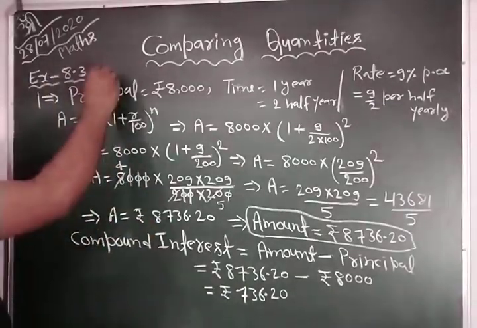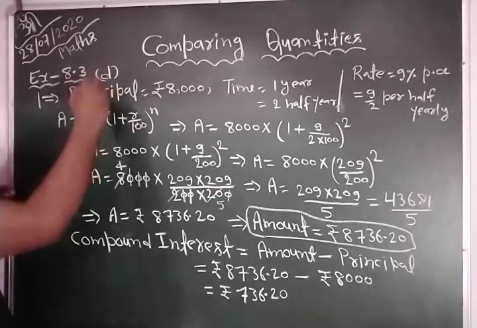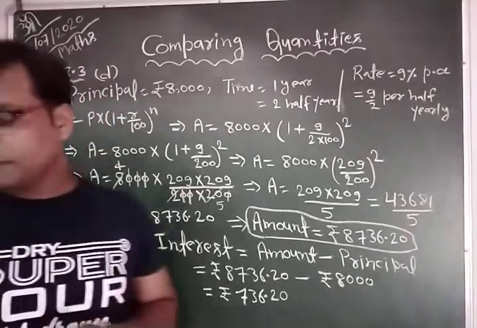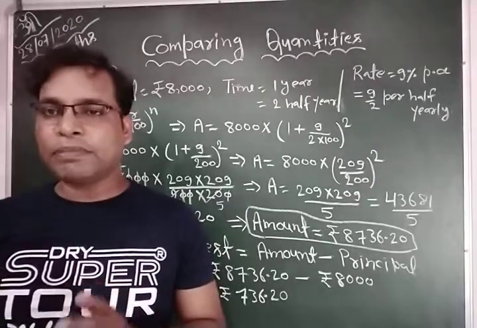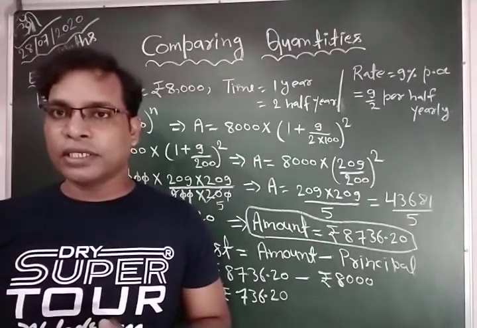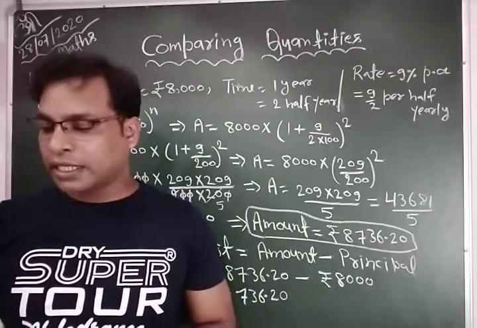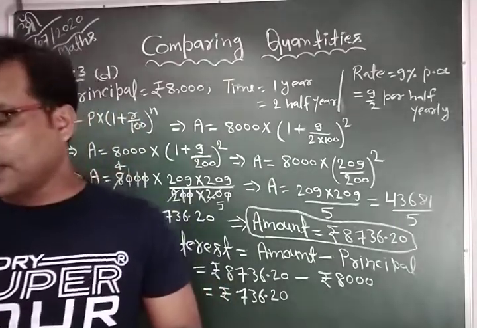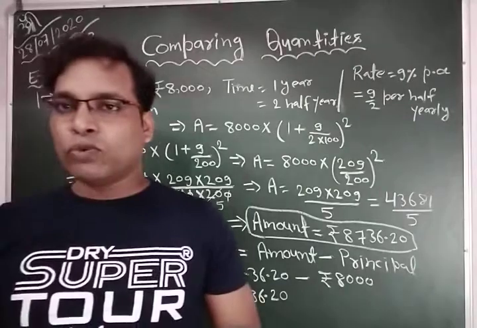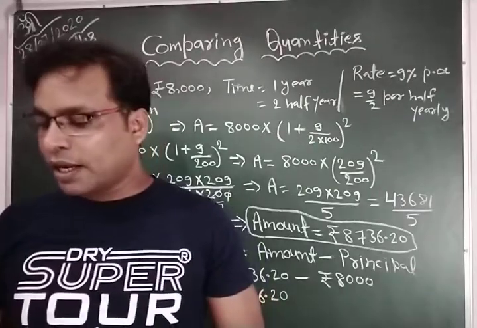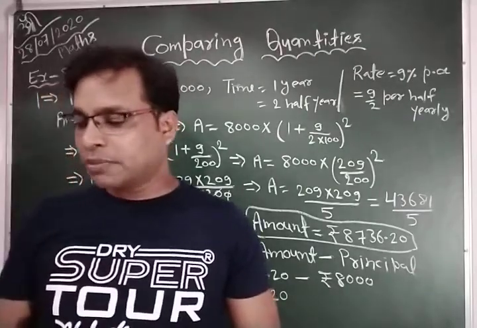Now we are going to solve the next part of this question. This is the D part of question number 1, and now we are going to discuss the E part of this question 1. The E part is that the principal is given 10,000 rupees and time is 1 year, and rate is 8% per annum.